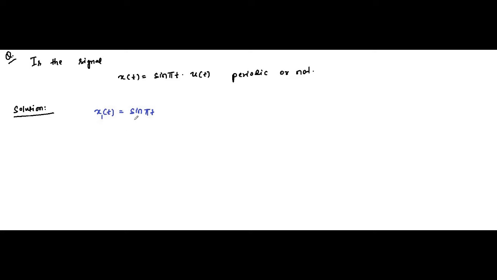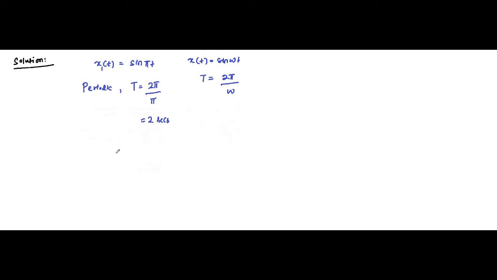In general a signal of the form sin(ωt) is periodic with time period 2π by ω. So x1(t), only this part, is periodic with time period 2π by π, because ω here is equal to π, that is equal to 2 seconds.